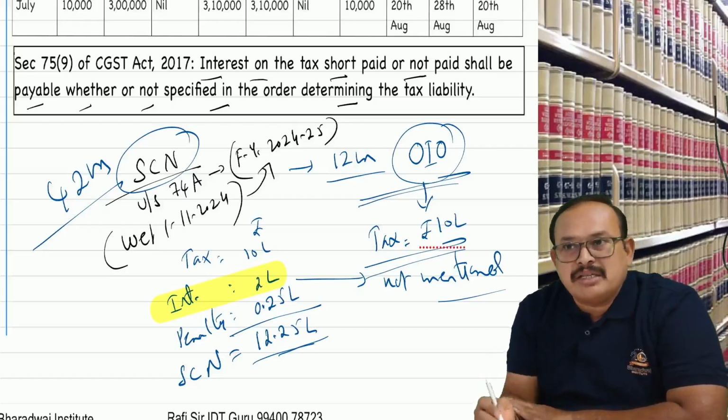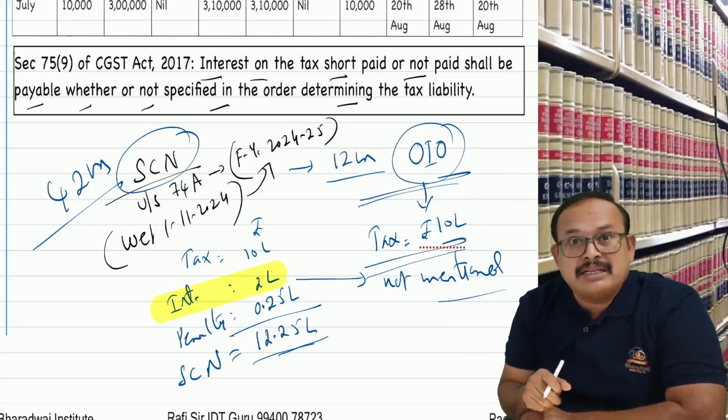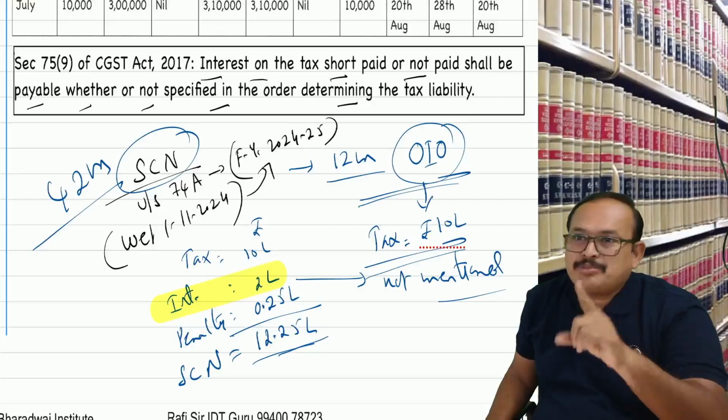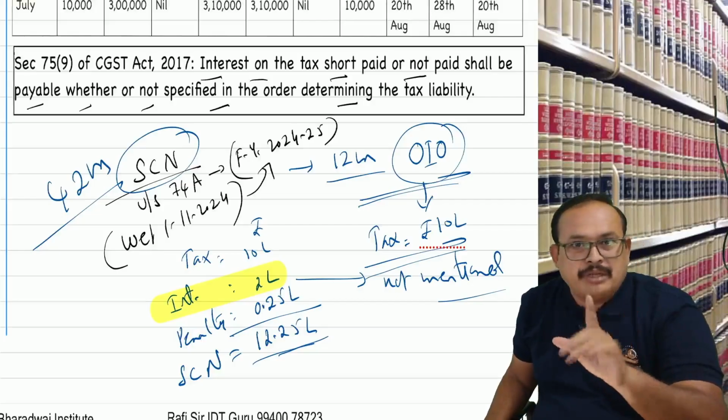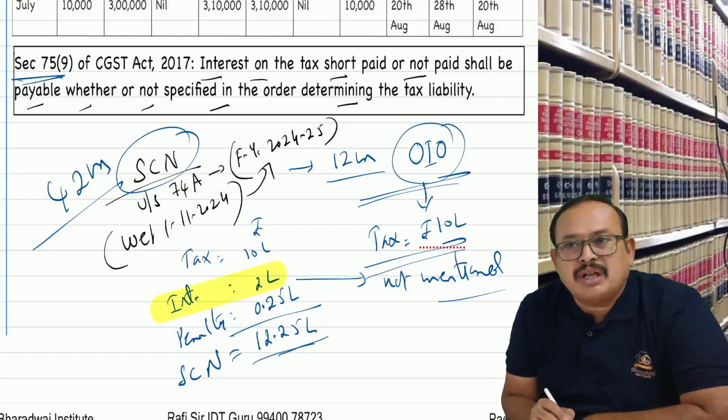The taxpayer says the order in original is passed without demanding interest, therefore I am not liable to pay interest. No, taxpayer, your claim is not justifiable. Refer to Section 75 subsection 9.